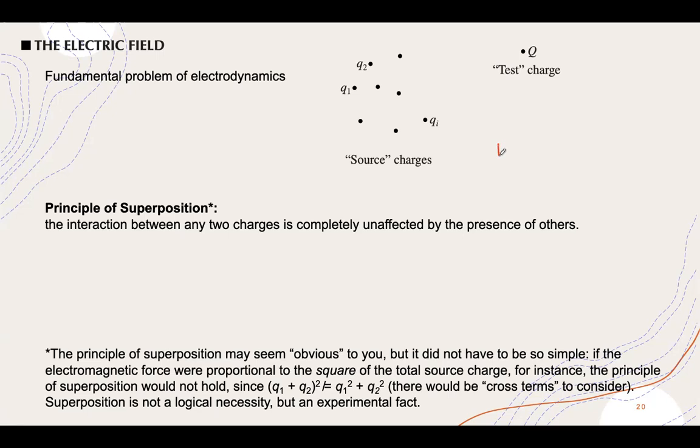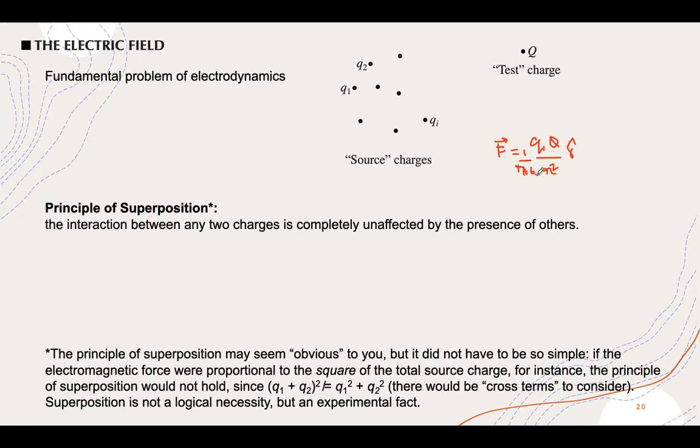The Coulomb force is generally something like F is given by Q1 Q divided by R square, where R is the distance between Q1 and Q, and then there will be a direction, say R hat. And in SI units, you have to have 1 over 4 pi epsilon naught. These are the simple things that we know.